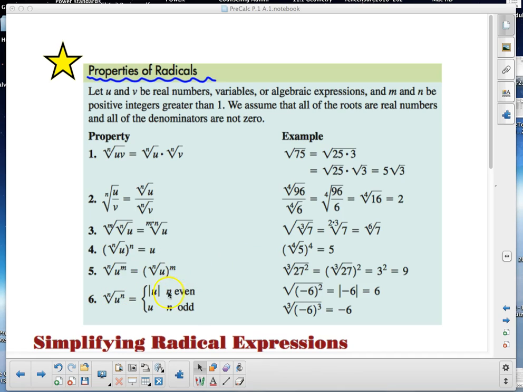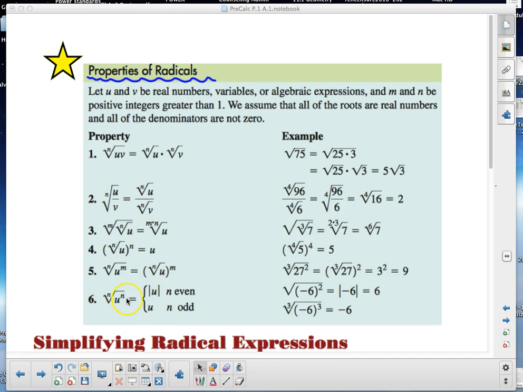Now, this is the even-odd rule. If the index n and the power are even, and it's odd that comes out, I've got to do the absolute value. If n and m are odd, then u comes out and it's positive without the absolute value.